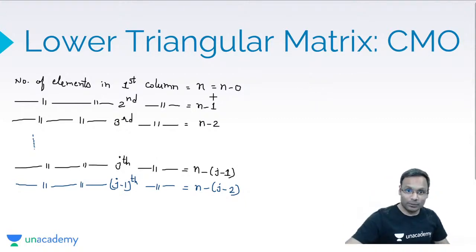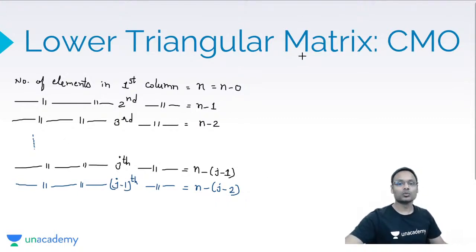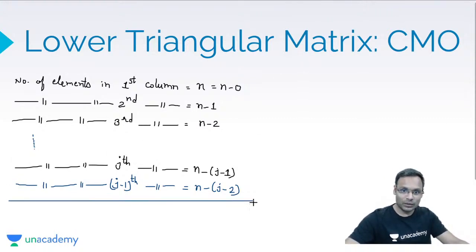So in first column n minus 0, second column n minus 1, third column n minus 2, in j minus first column n minus j minus 2. Total from first to j minus 1, how many?